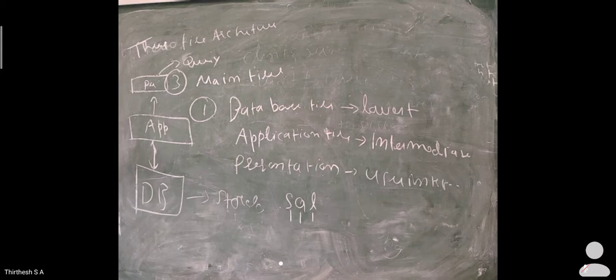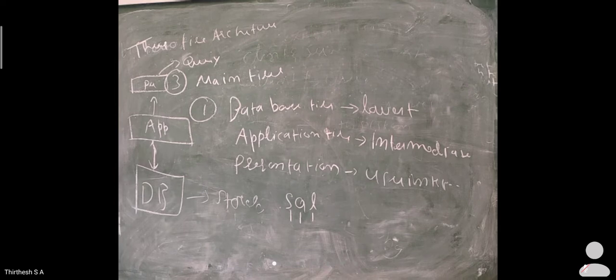So for the database layer, it helps to store the data, and it is not bothered how the structure is written. The application layer provides a user interface to enter the data.